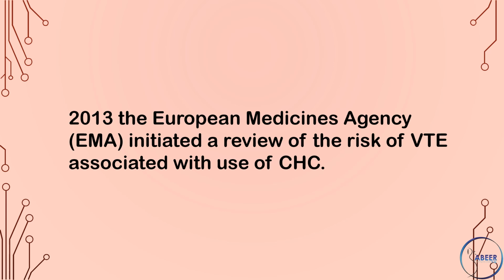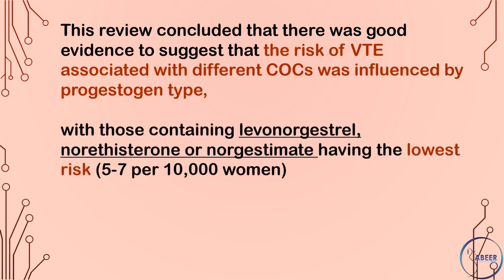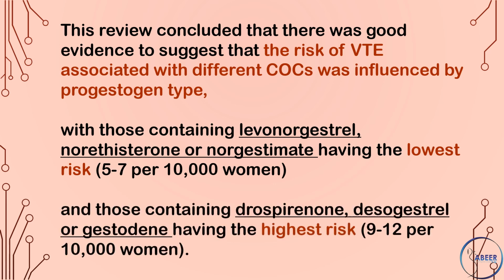In 2013, the European Medicines Agency, or EMA, initiated a review of the risk of VTE associated with use of combined hormonal contraceptives. This review concluded that there was good evidence to suggest that the risk of venous thromboembolism associated with different combined oral contraceptives was influenced by progestogen type, with those containing levonorgestrel, norethisterone, or norgestimate having the lowest risk of 5 to 7 per 10,000 women, and those containing drospirenone, desogestrel, or gestodene having the highest risk of 9 to 12 per 10,000 women.